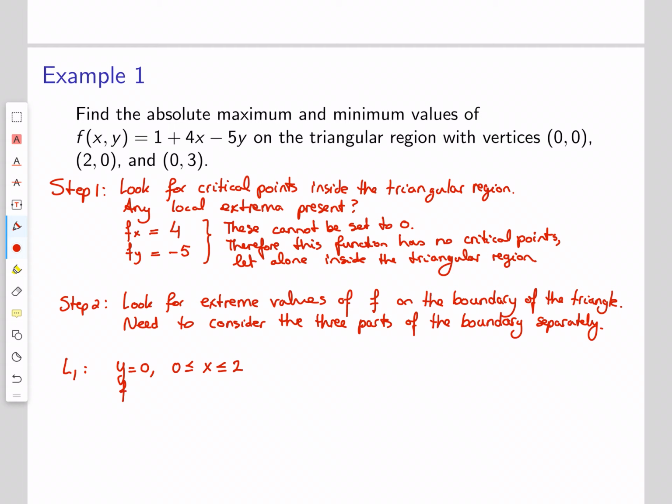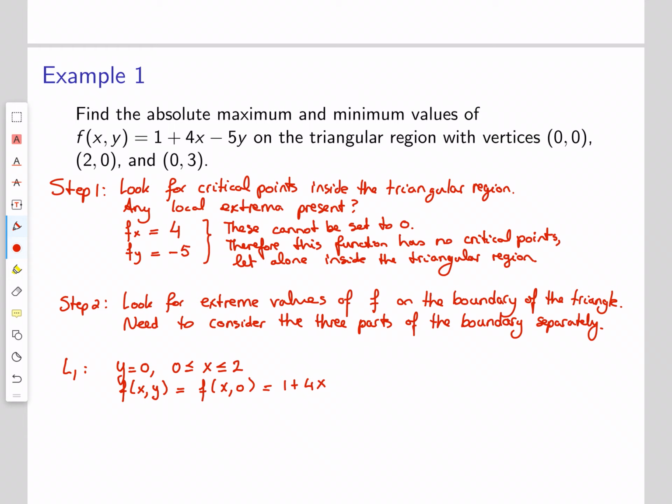So what does the function f of x, y become under these restrictions? Well, certainly y is equal to 0, so we're looking at f of x, 0, and so we set y equal to 0, and then we end up with just simply 1 plus 4x. And now we consider a restriction that x lies between 0 and 2.